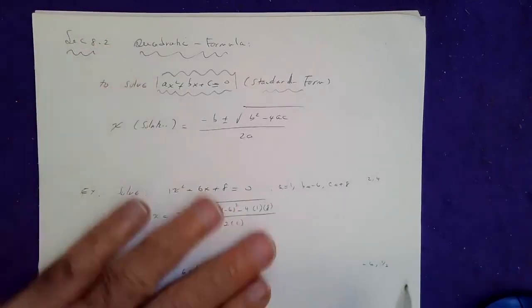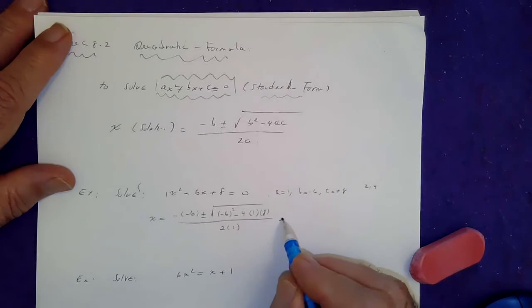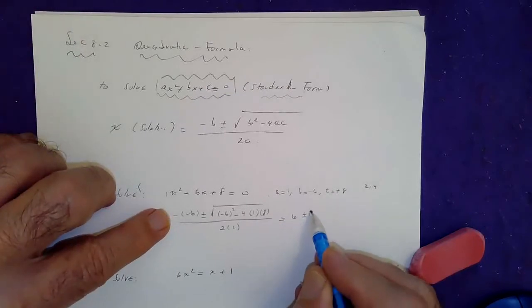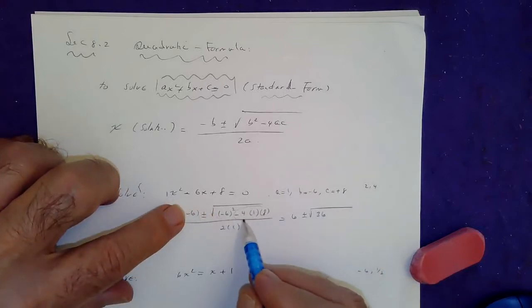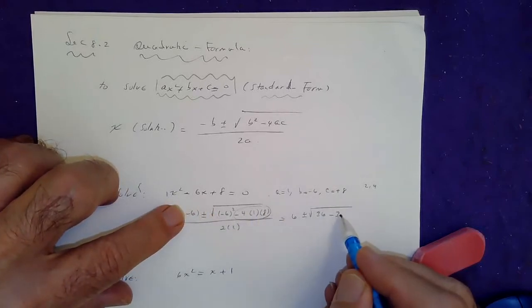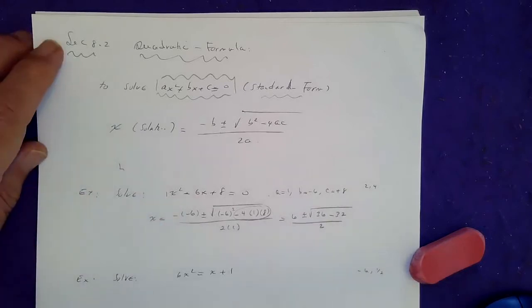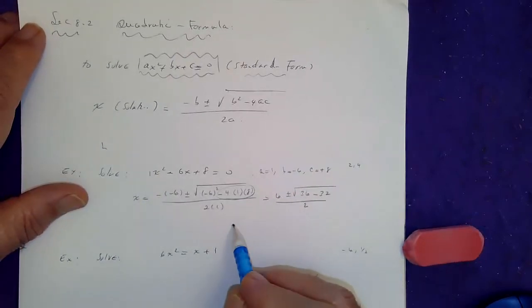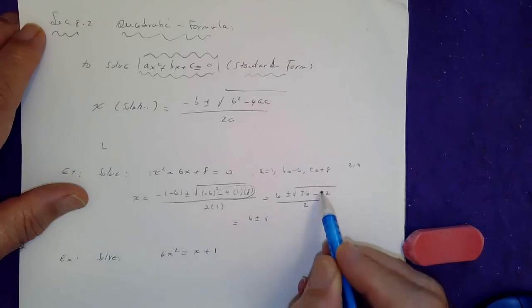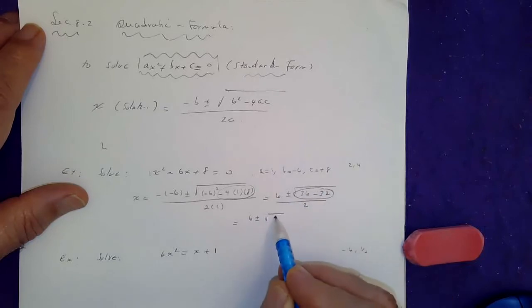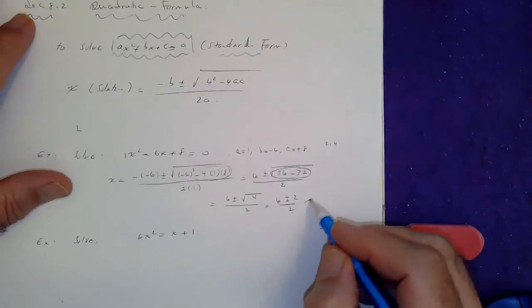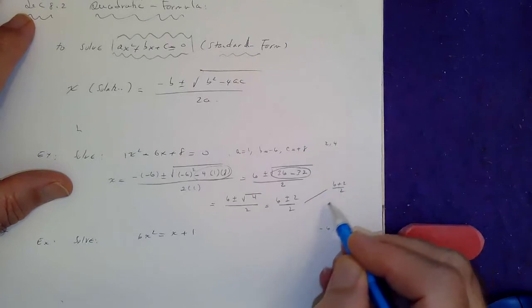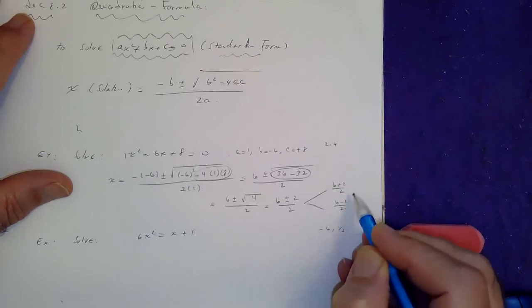Now if you work this out, that would be 6 plus or minus the square root of 36 minus 32, over 2. If you simplify further, you get the square root of 4, which we know is 2. So the answer is 6 plus 2 over 2 or 6 minus 2 over 2.